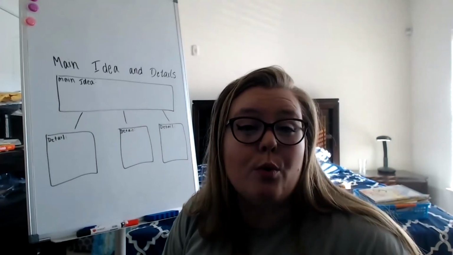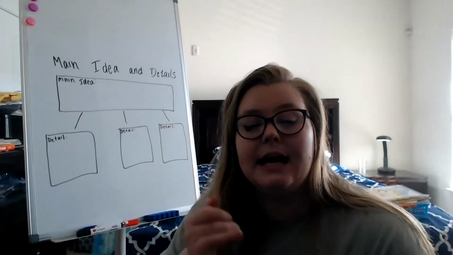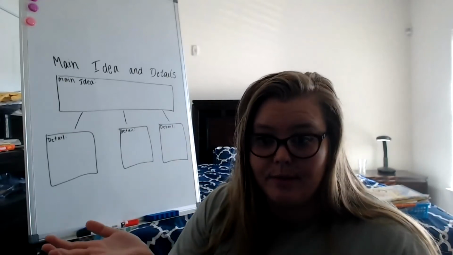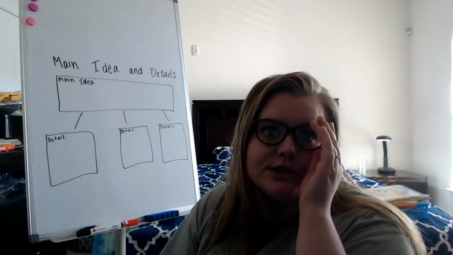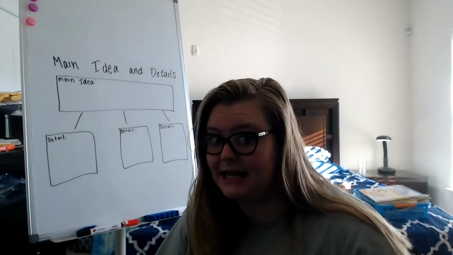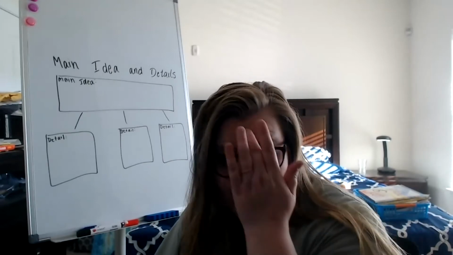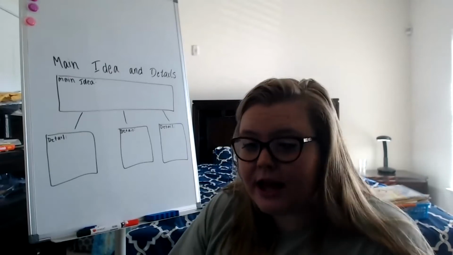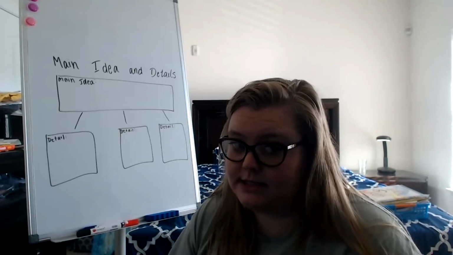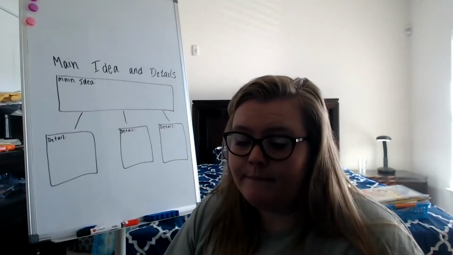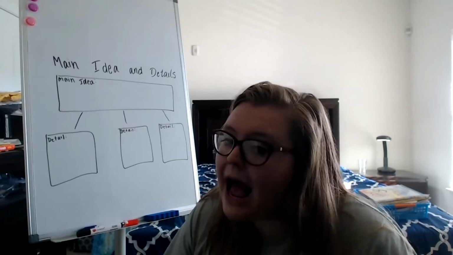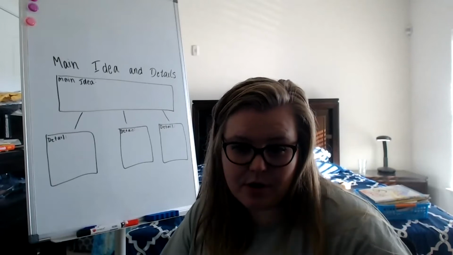Remember, when we were in school, we said that the main idea is the big thing that the author wants you to take away from the book. The big thing that the author wants you to know after reading their book. We said sometimes that the main idea is said either at the very beginning or the very end of a book. So think about what Animals, Animals' main idea was. You wouldn't just say they wanted you to know about giraffes, because that was just one part of the book.